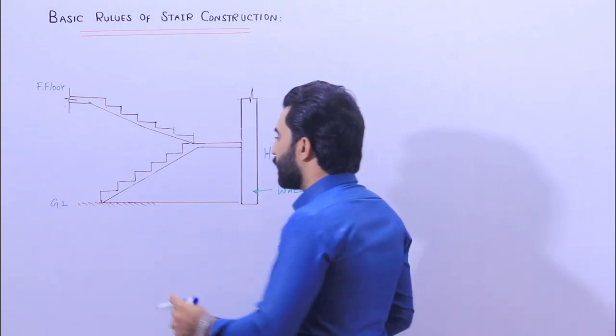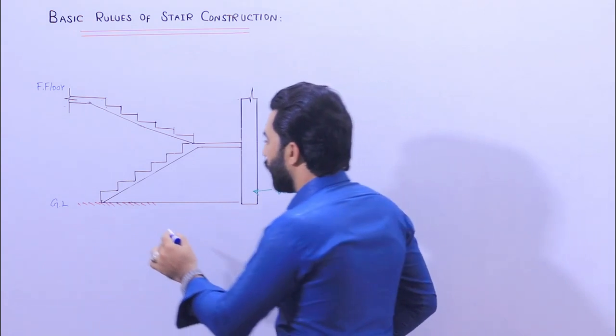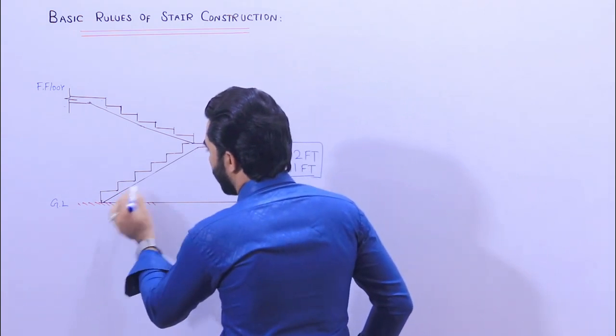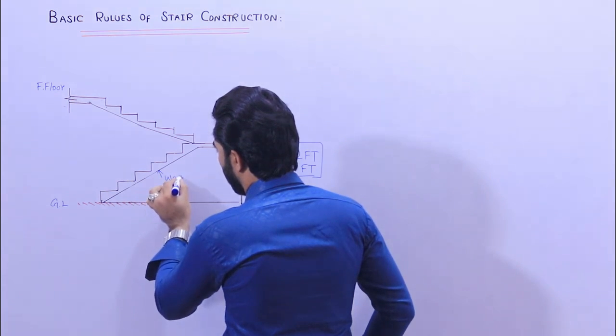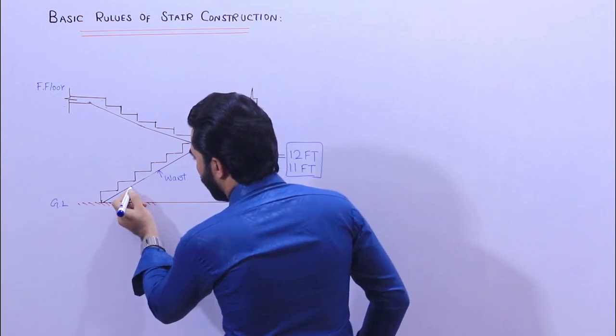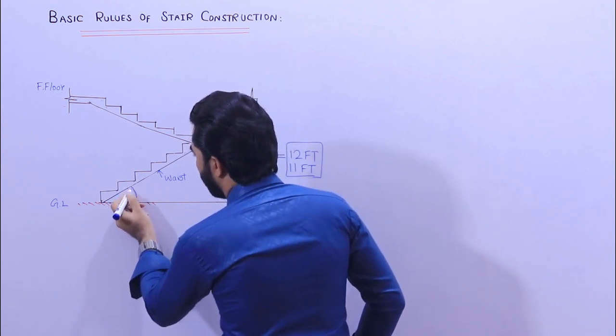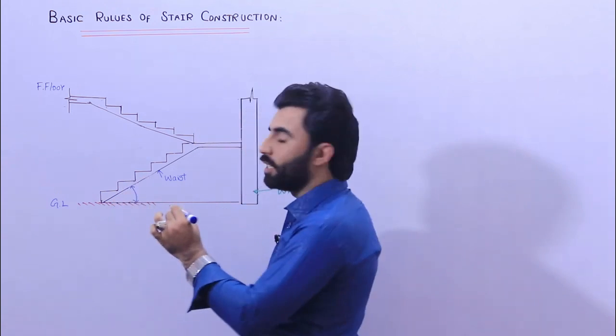First of all guys, the angle is very important. So the angle of staircase from the waist, so this is called waist, to the ground level, this angle should not be more than 40 degrees.